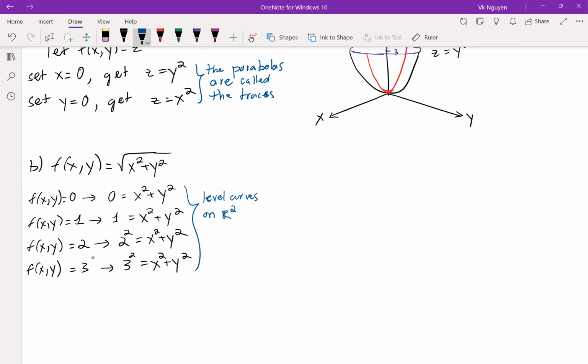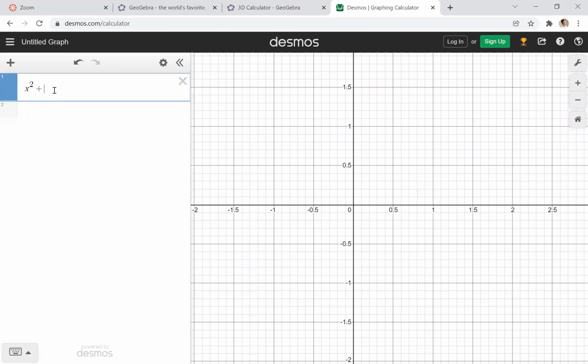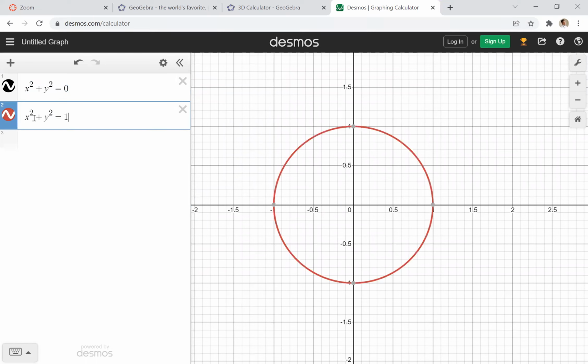Now, see the difference between the square root and the non-square root. So that is going to be using, of course, Desmos. x squared plus y squared equals 0. Equal 1.